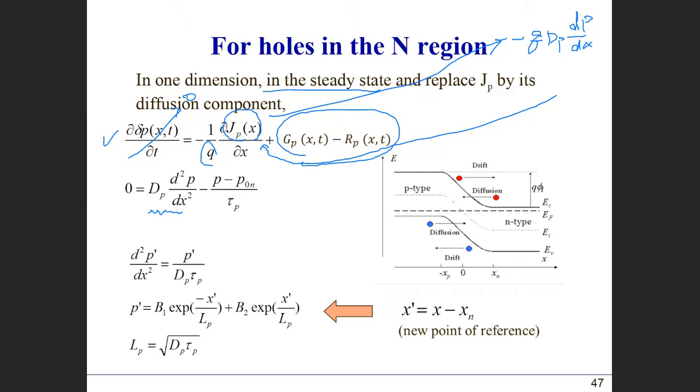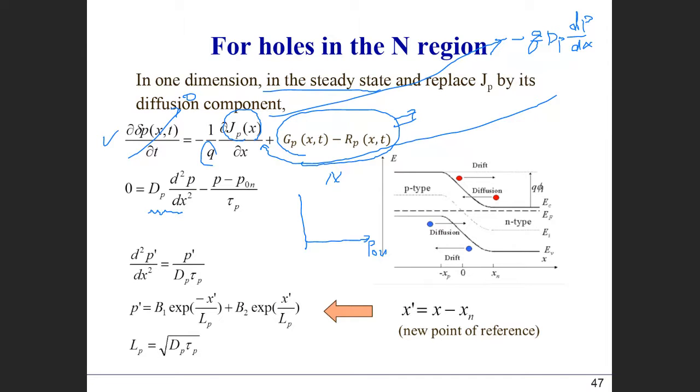Generation and recombination, as I mentioned, at thermal equilibrium, they balance each other. But in this case we apply the forward bias, so that you're going to start to inject more carriers in the N side. So if you look at the carrier concentration in the N side, you have hole concentration p_n0.